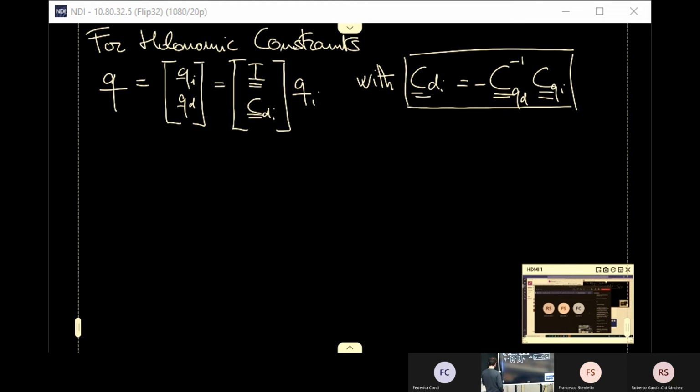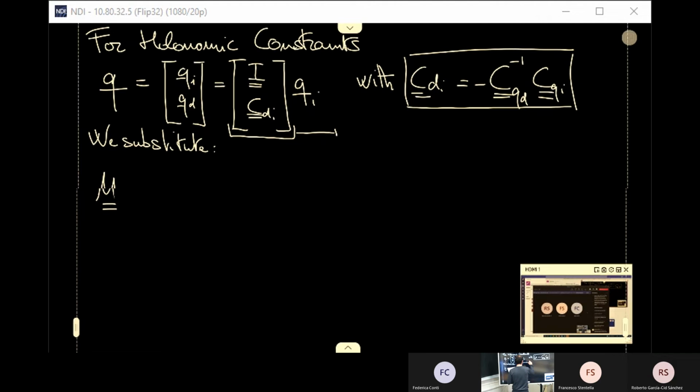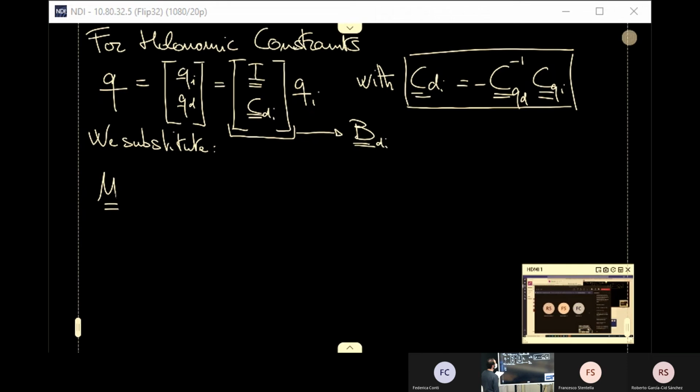So what we have to do is just basically substitute this. And so what we get is the following. So M, yeah, so we can call this, this is a matrix, of course, no? We can call this matrix B_di, okay? So just for the sake of clarity of notation.